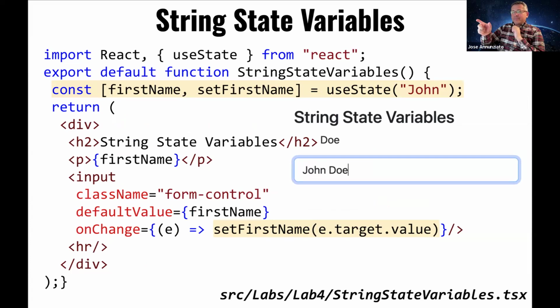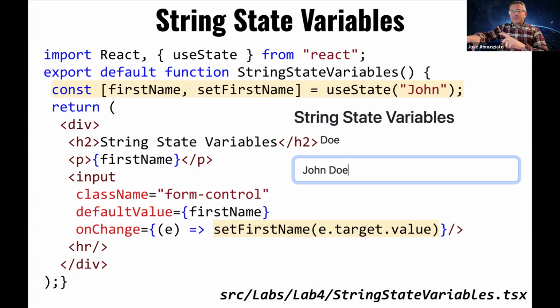The value, which I don't have here, will always be whatever value is being assigned to it. Whereas default value uses the variable to set its initial value, but then you can change it. You can start typing, and it changes over time.